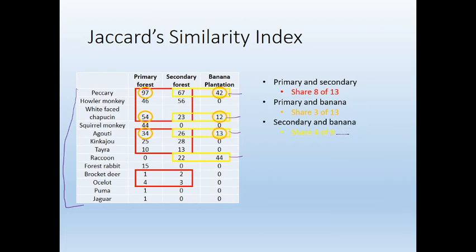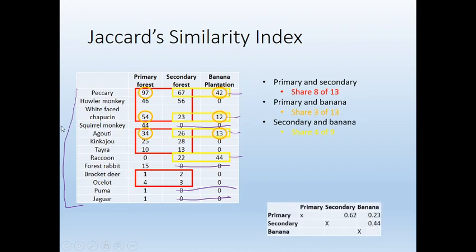And the answer is that the combined species pool does not include the puma, the jaguar, the forest rabbit here, or squirrel monkeys. So we've got 4 species here that are not in the combined species pool for secondary forest and banana plantation.